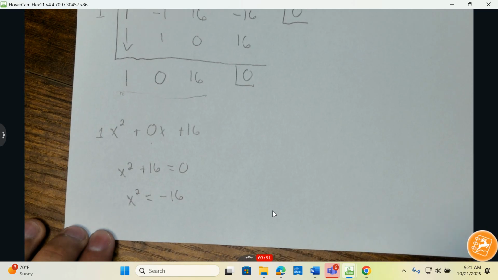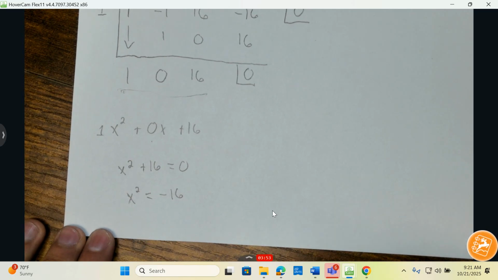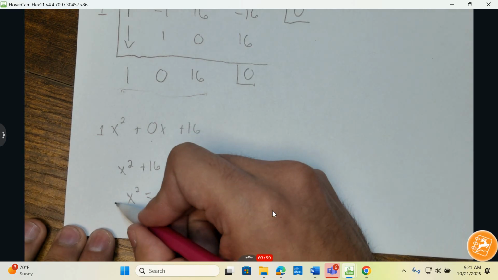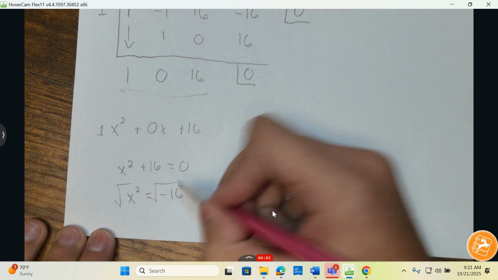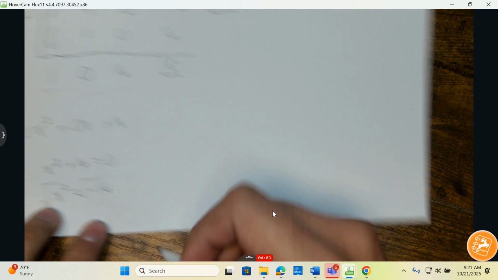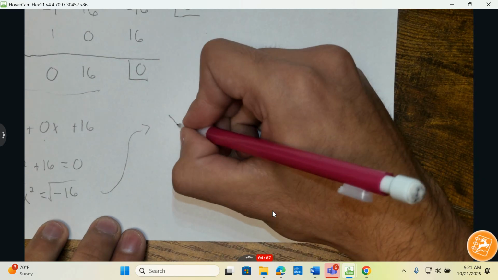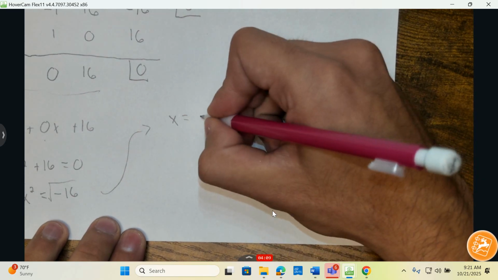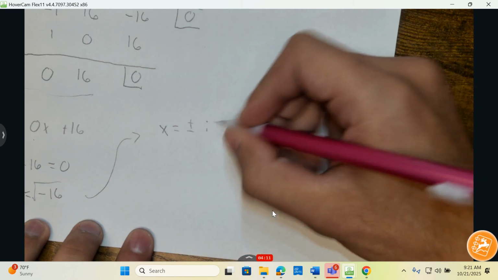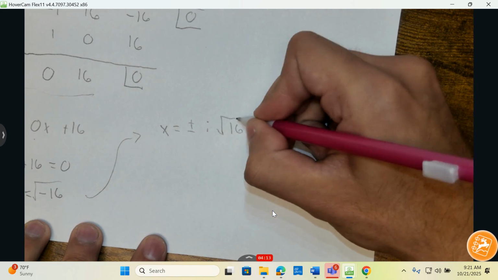From there, just like you guys have been learning about imaginary numbers, we want to try finding the imaginary numbers for x squared is equal to negative 16. We're going to square root it. Once I square root that, I'm going to get x is equal to plus or minus i square root 16. I'm still not finished yet.